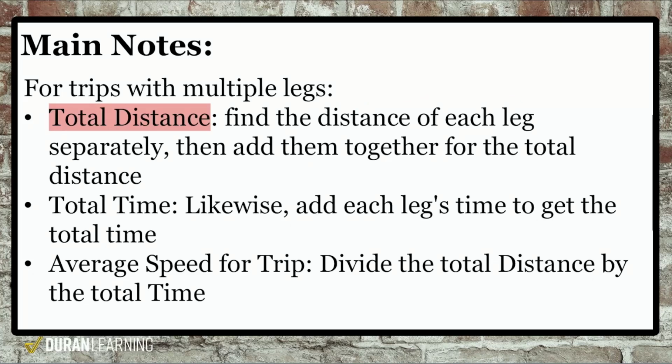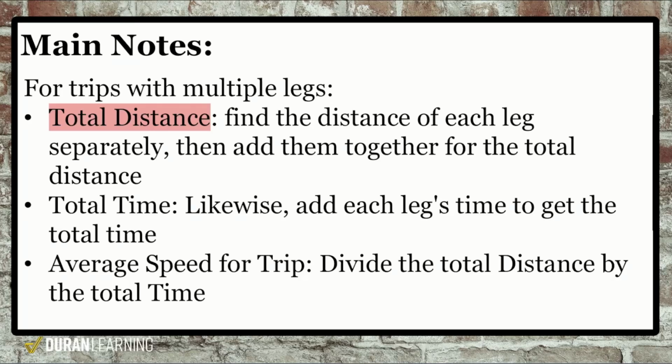But to get the total distance, you find the individual distances first, then add them up together. Again, read here, multiple legs. We're not talking about 2 objects moving at the same time. Very different circumstance. Here we're talking about one person moving multiple times.